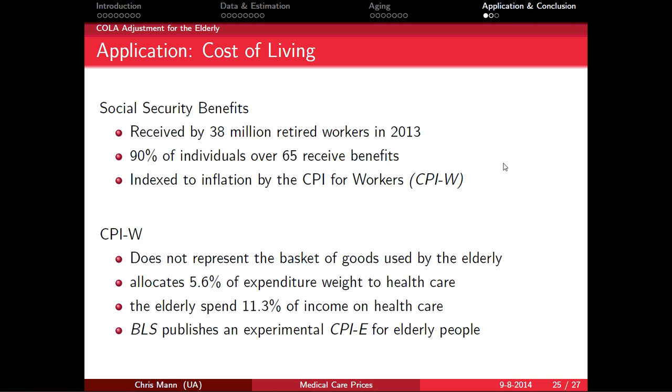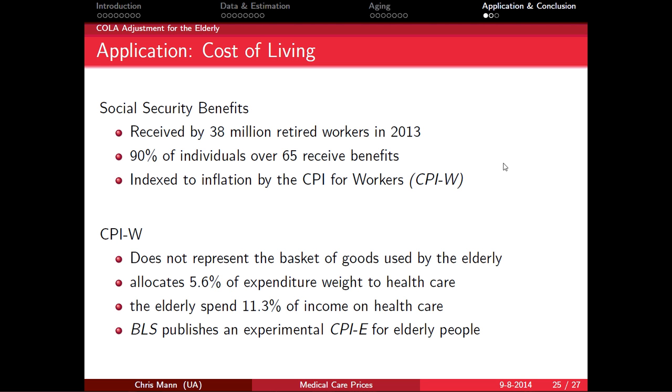Specifically, it's the fact that elderly people buy a lot more medical care than younger individuals. In fact, the estimate is roughly that 11.3% of elderly people's income is spent on health care versus only 5.5% for the average worker.